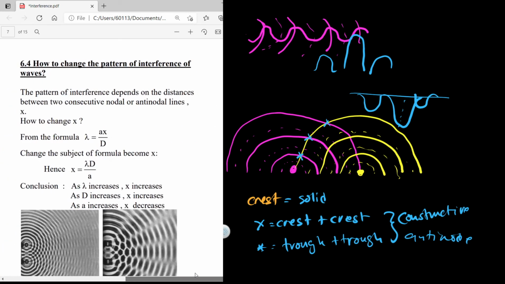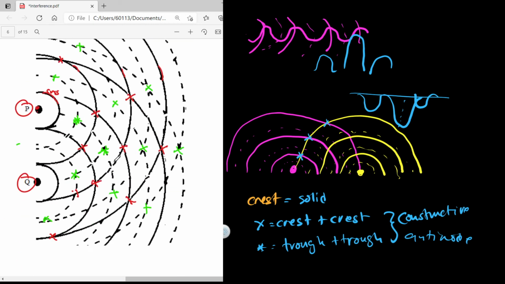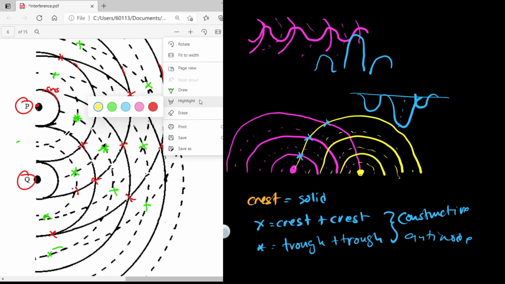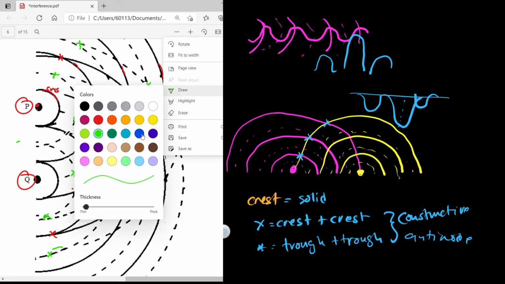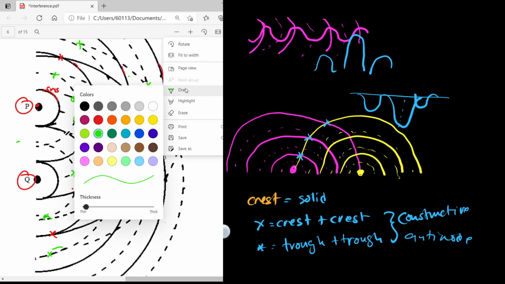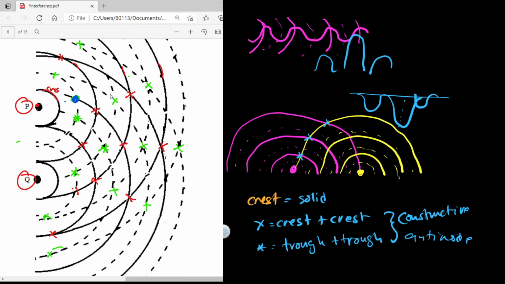Now let's mark with a circle the points where a crest coincides with a trough. Let's look back at our diagram here. What we want here is to circle where the dotted line meets the solid line. So here we have one, and then here solid dotted, solid dotted, solid dotted. Where else?